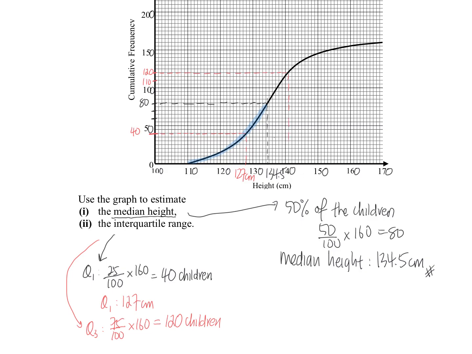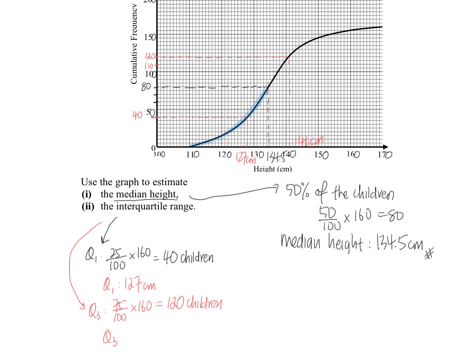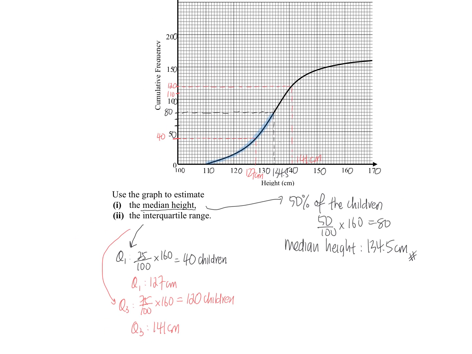It will end up at 141 cm. So my quartile 3 is 141 cm. So if I look at 75% of them, let's say from here to here, their height is at 141 cm. But 25% of them here is at 127 cm.